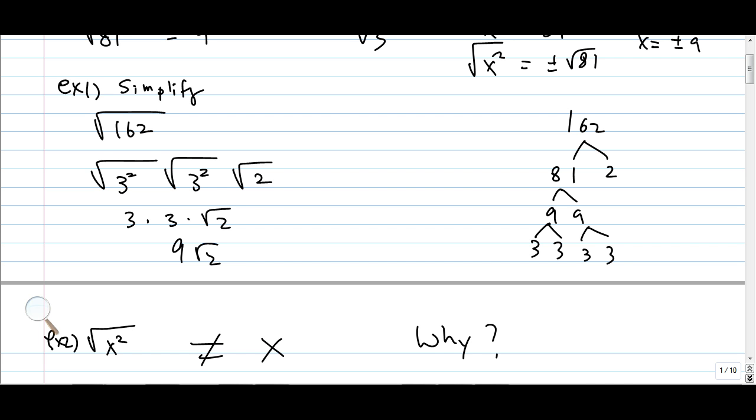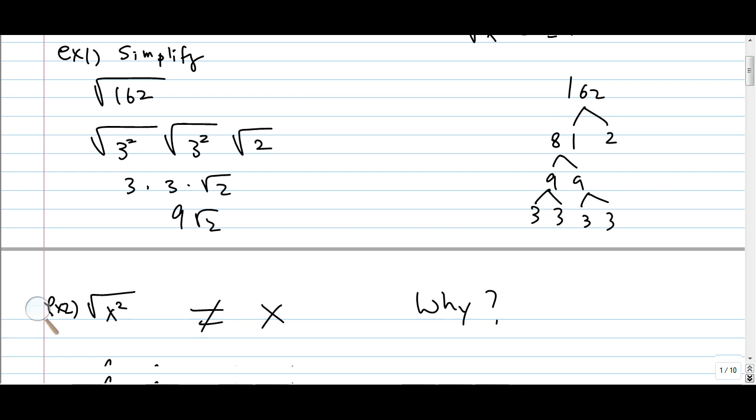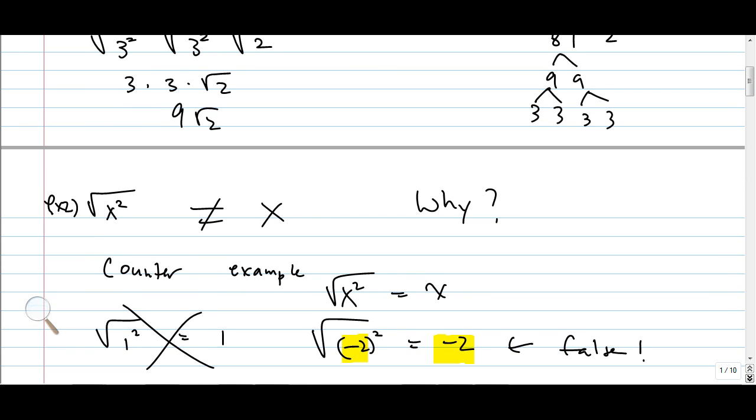Plug in negative 2 in here. What is square root of negative 2 squared? That is square root of 4, right? What is square root of 4? 2. Does it come out to be negative 2? Because that's what this is saying. If it's saying square root of x squared equals x, then negative 2. No. So that's a counterexample. If you plug in negative 2, it does not come out to be negative 2, does it? It comes out to be what?